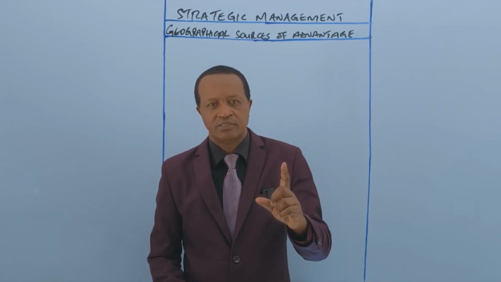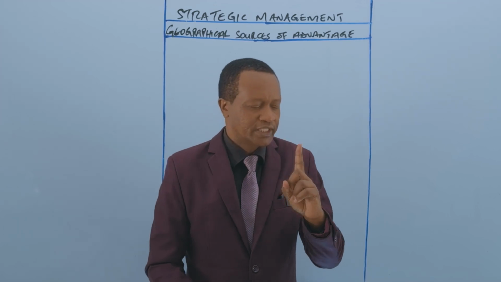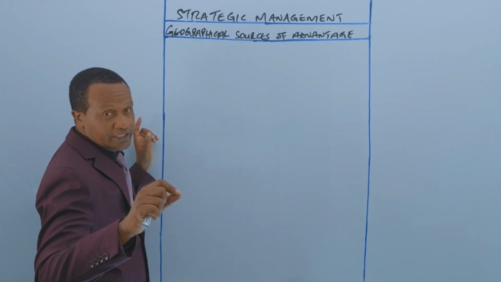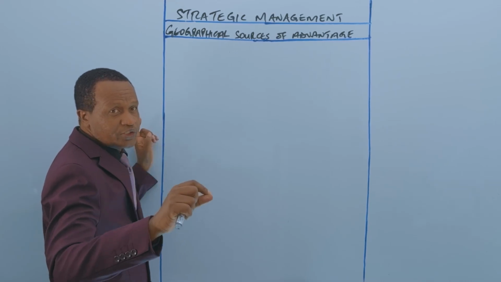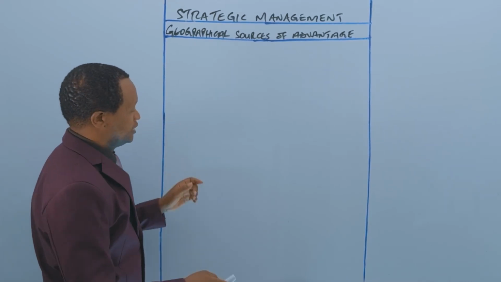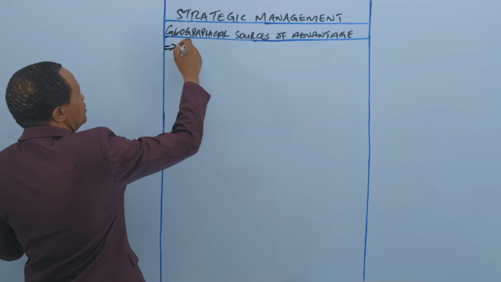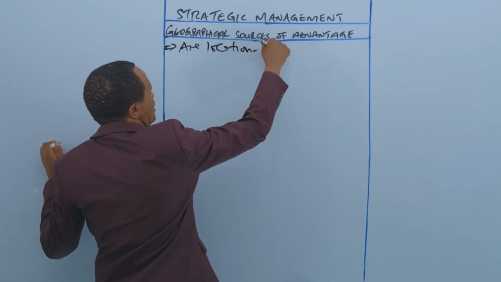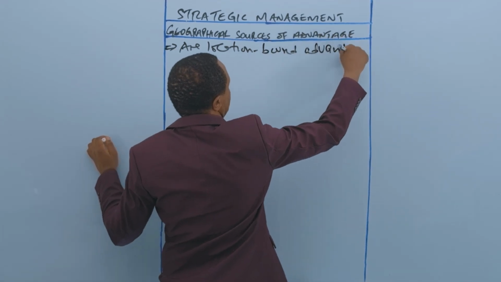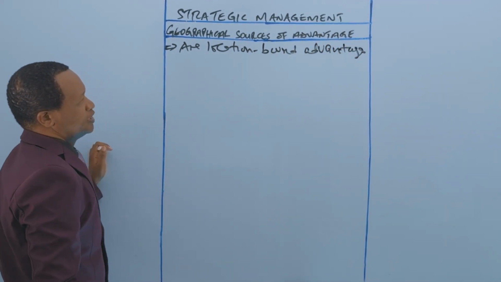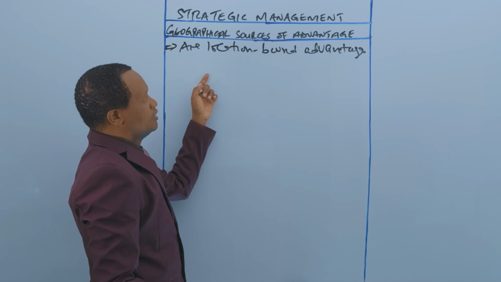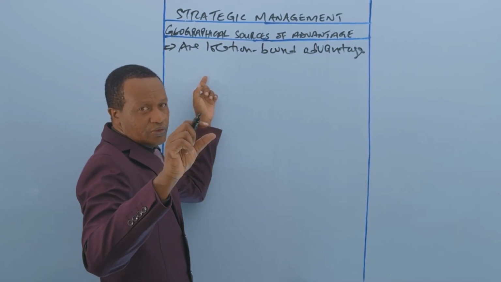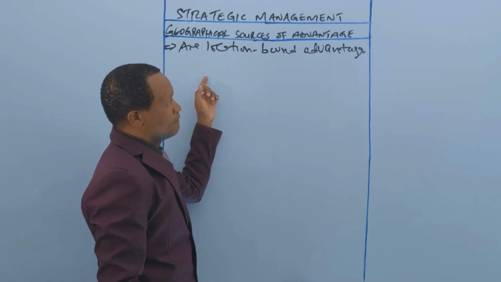You need to understand, first of all, what these geographical sources of advantage are. These are location-bound advantages that you can only enjoy by operating from a certain physical location.